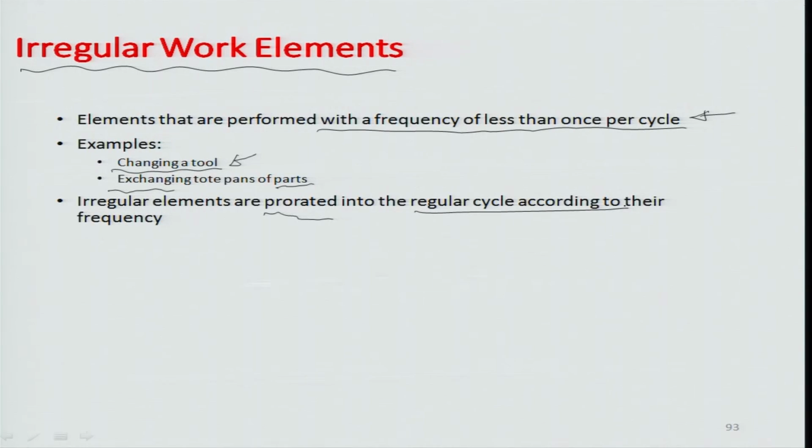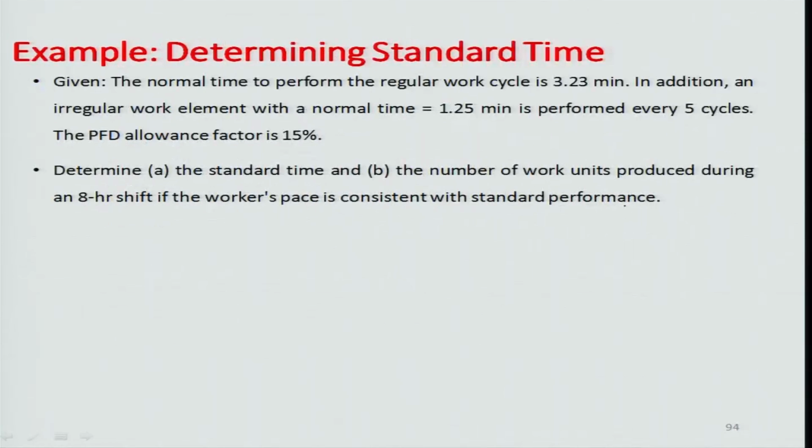So if I wanted to look at how the standard time can be determined, let us say we have a case here that the normal time to perform a regular work cycle is about 3.23 minutes, and in addition an irregular work element with a normal time of 1.25 minutes is performed every 5 cycles.